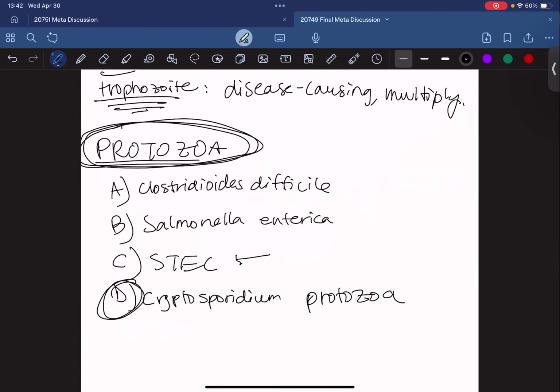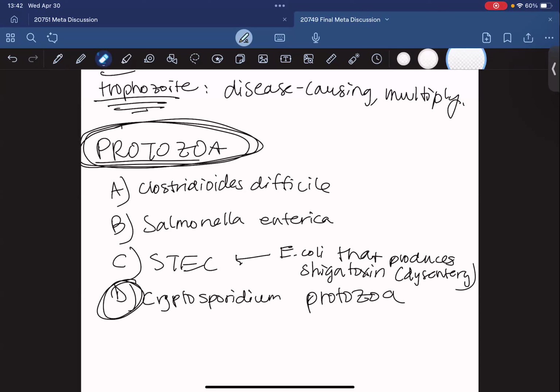E. coli here produces Shiga toxin and causes dysentery. Salmonella enterica, this is a bacteria.